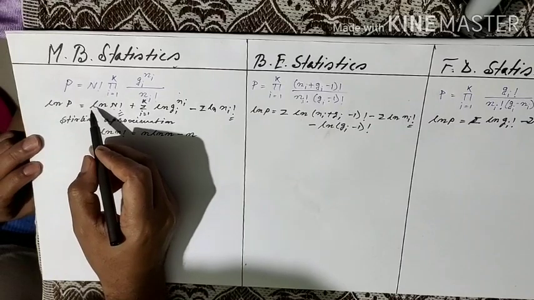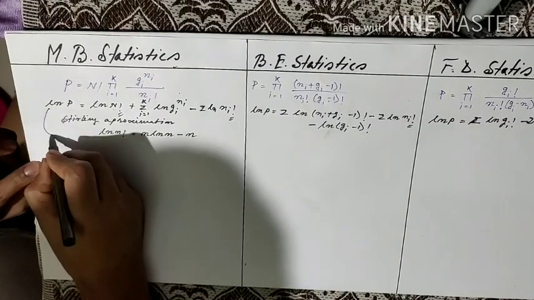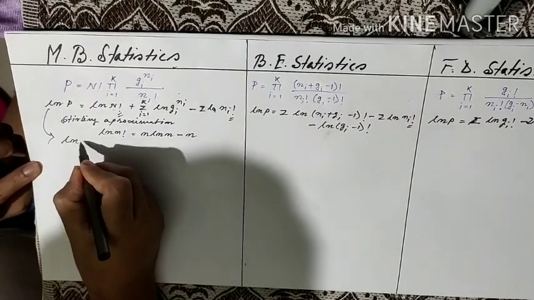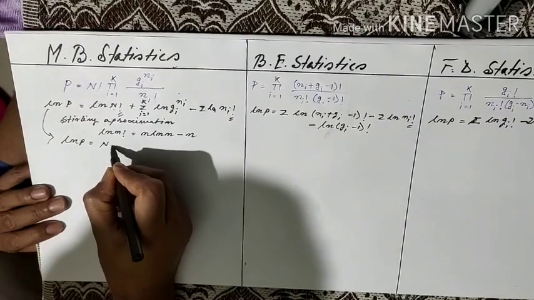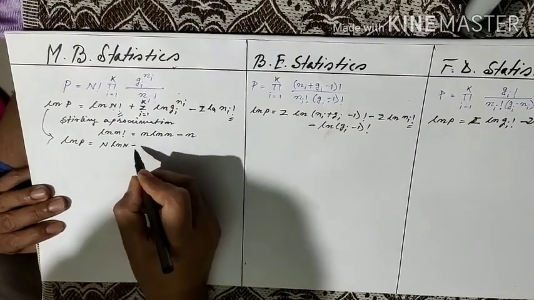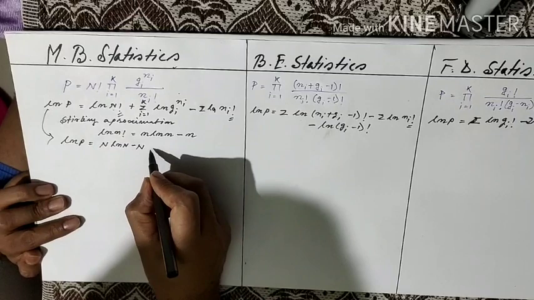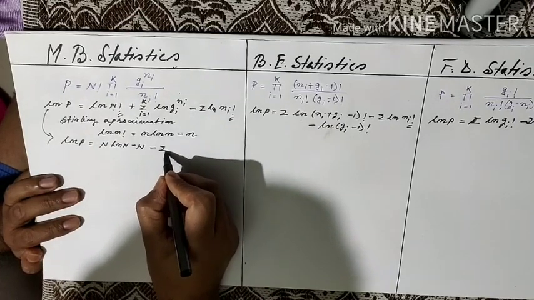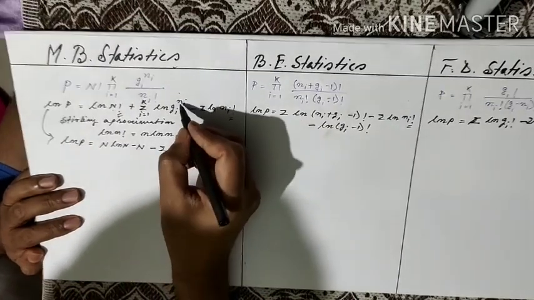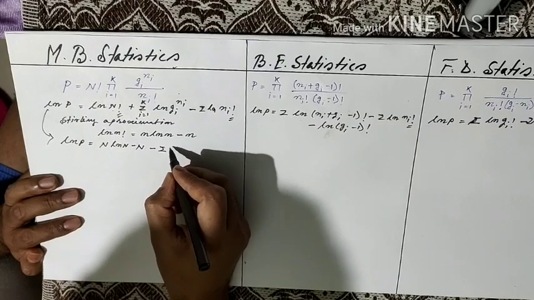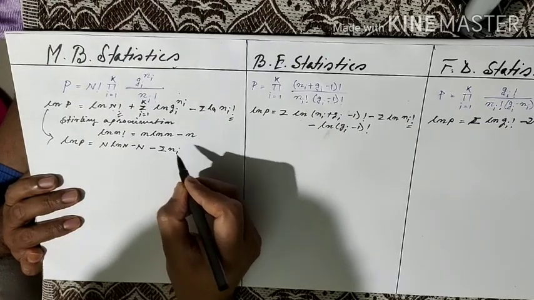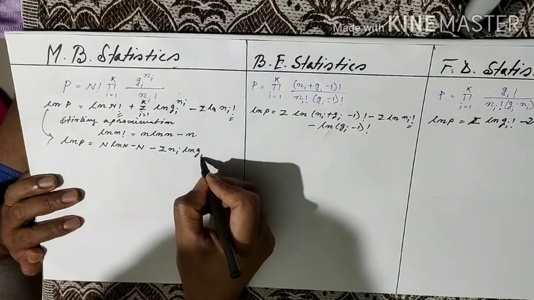So I will use here simply ln p is equal to n ln n minus n minus summation, here no factorial is there, so this power will come in front of this ln, so ni ln gi.